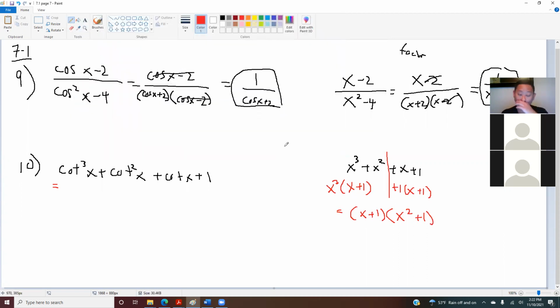Anyone got what you get? What's a factor for this?